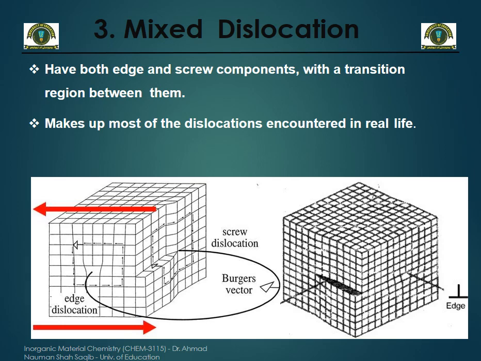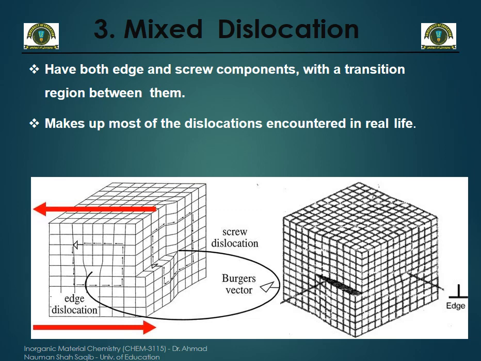As you can see in the given figure below, on the left side there is the edge dislocation, as the additional or extra atoms are inserted in its structure, while on the right side there is a screw dislocation which results in the formation of helical patterns.